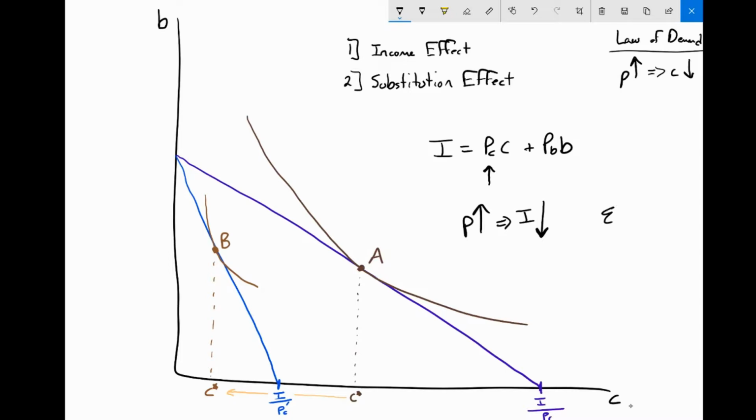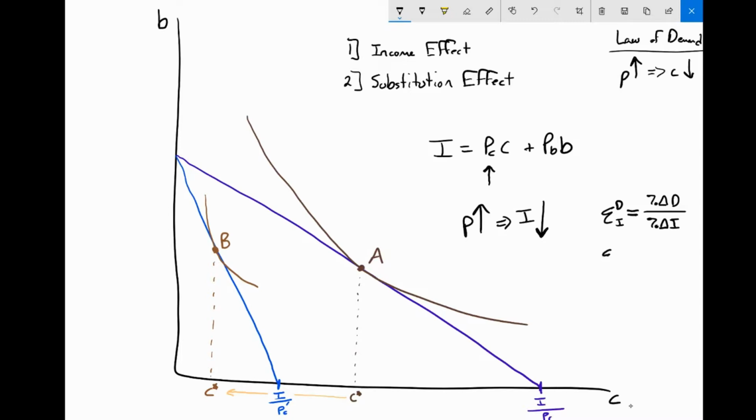Remember, we talked about the income elasticity of demand. The income elasticity of demand tells us the percentage change in demand given a percentage change in income. So if my income goes down, how is that going to affect my demand? Well, it will be determined by the way in which demand responds to income.